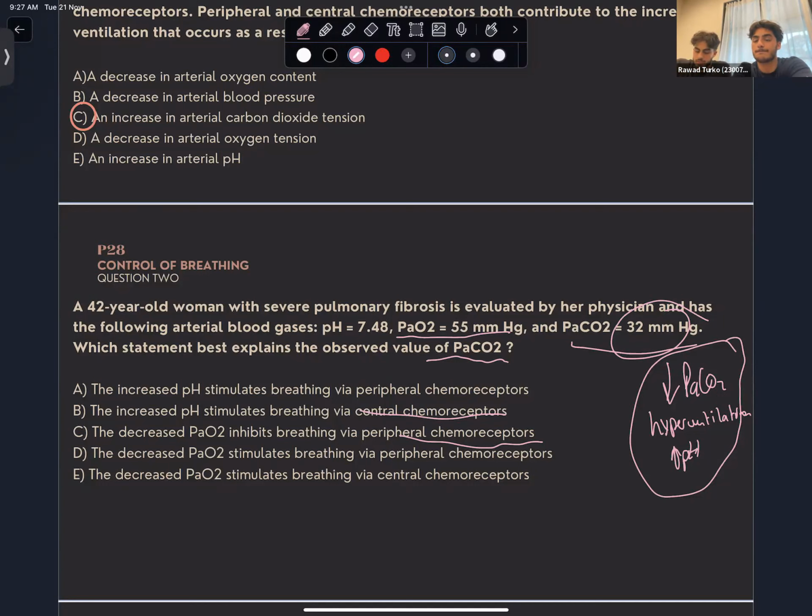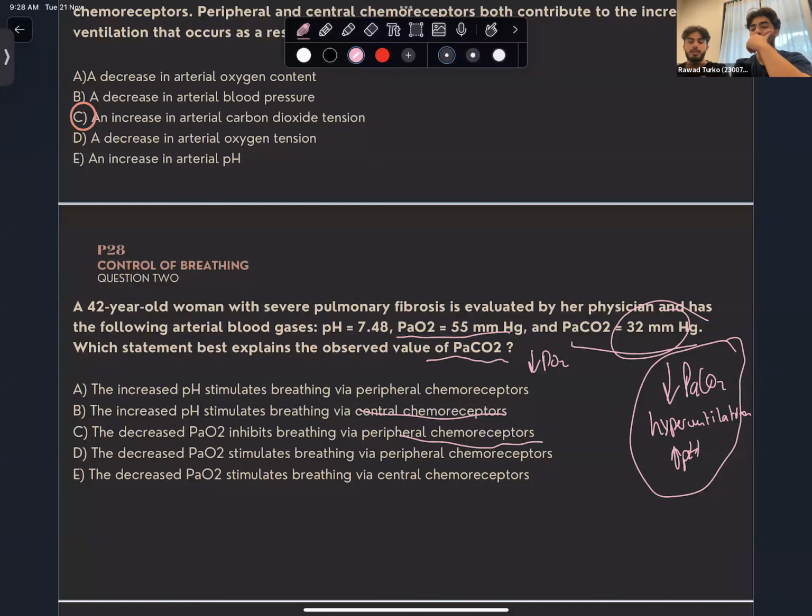Is PaO2 increased or decreased? Decreased. Okay, decreased PaO2. So now let's go over it again. First of all, let's look at the carbon dioxide. Here we have a decrease in carbon dioxide. First thing we were taught is that when there's a decrease in carbon dioxide, we are mostly looking at hyperventilation, or at least increased ventilation. So there's low PCO2, and then we look at the oxygen. Okay, oxygen is also low. So what do you think our body does here?